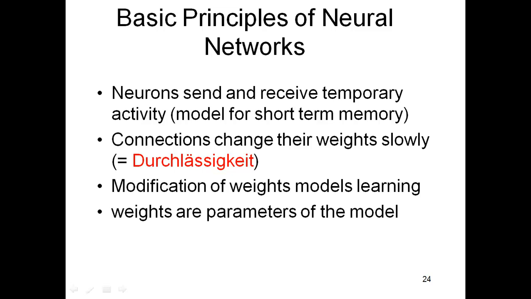And something else happens in the brain. The brain can learn. And in the neural network model, this means connections change their weights. If a neuron is activated and there's a connection between neurons, it depends on the weight of the connection how much activity is let through.